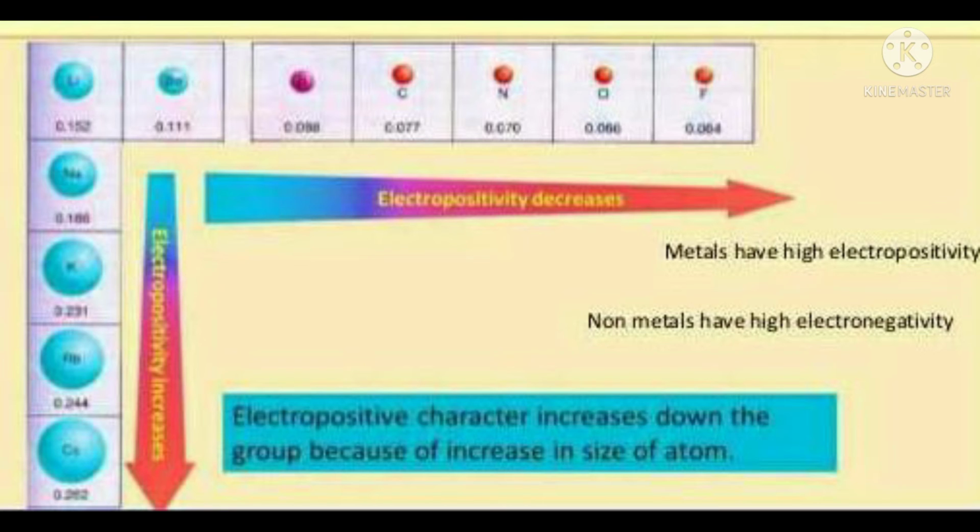That means the ability of atoms to lose electrons will be more and more on moving from top to the bottom. The electropositivity increases from top to bottom in a group. This is the trend of metallic property in a group.